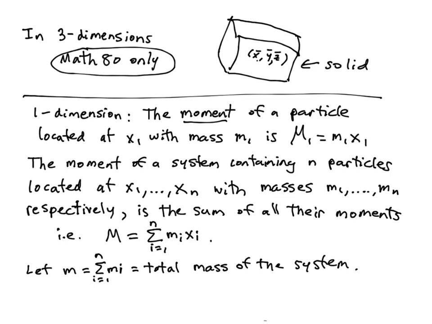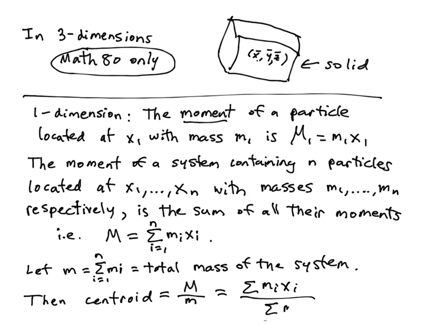Then the center of mass simply becomes capital M divided by M, which is the same as the sum of mi xi divided by the sum of mi.